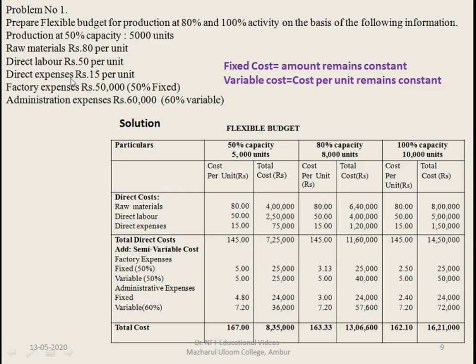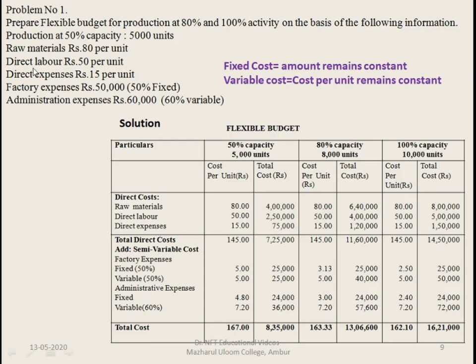In case of variable cost, cost per unit remains constant, total cost changes. So here cost per unit remains constant. This you have to somehow remember, because for doing the problems you should not get confused. Try to know the logic carefully so that you can easily remember that.